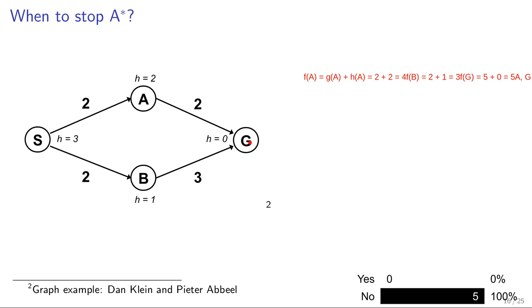And then in that case, I'm expanding the goal. The goal doesn't have any children, but it doesn't matter. But now it's the right time where I can safely stop. So that's what I'm going to do, and I will find the correct path. So similarly to the uniform cost search, the first time you arrive to the goal, you should not stop.